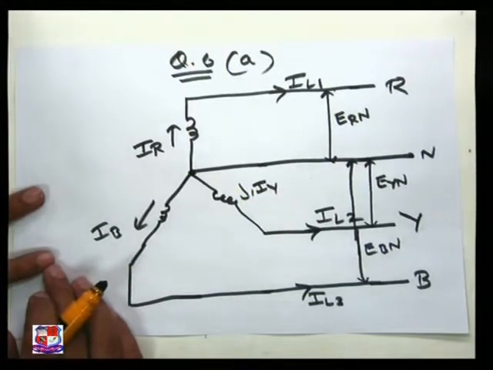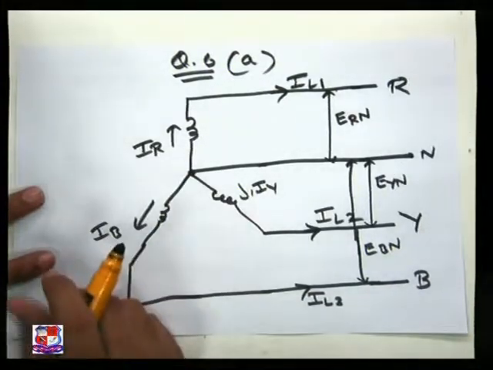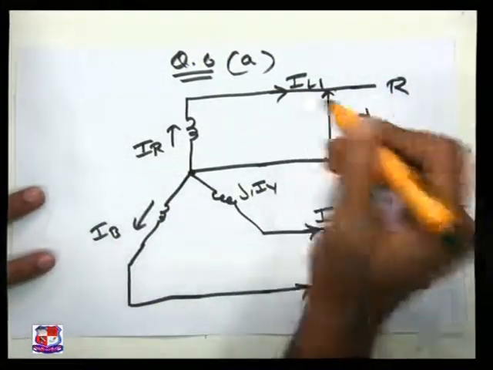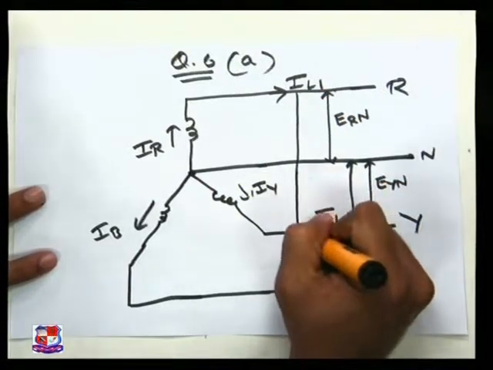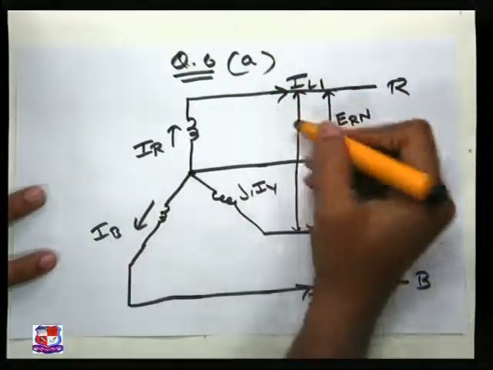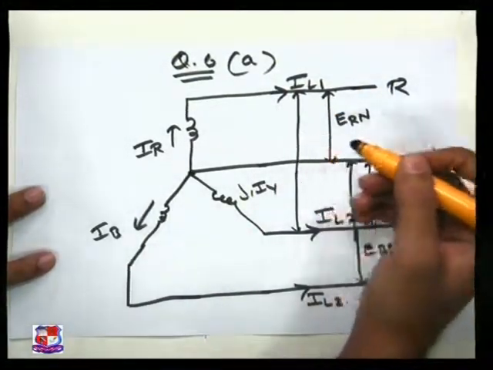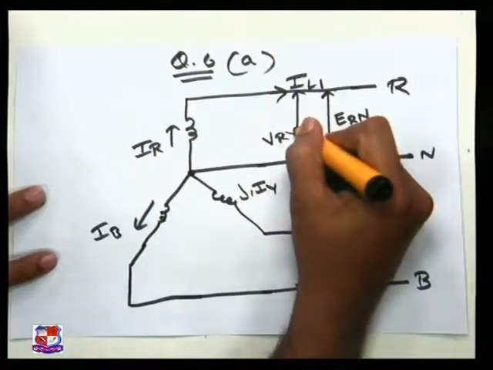And then what is the line voltage? That is the fourth quantity. Line voltage is measured between two lines. So between R and Y, sorry, line voltage, I am denoting as VRY.